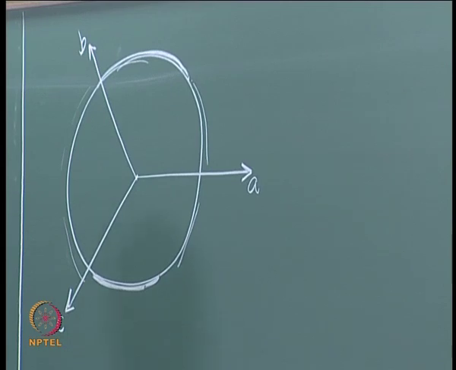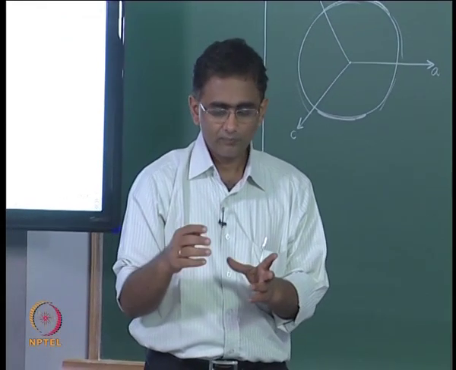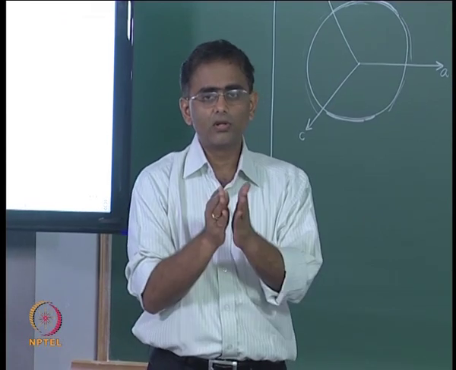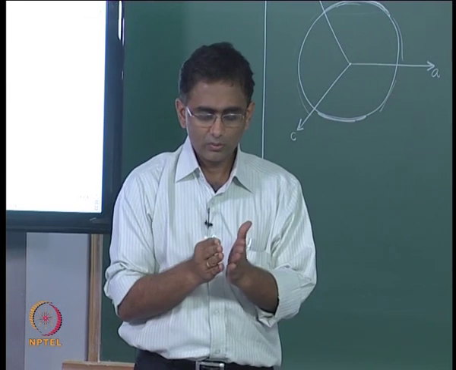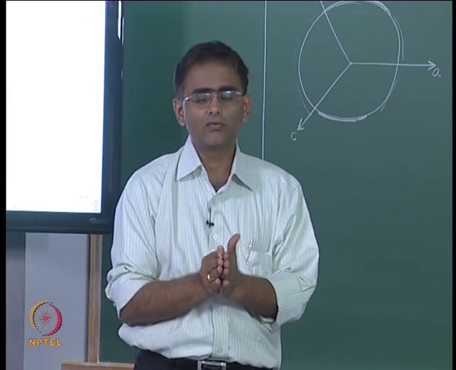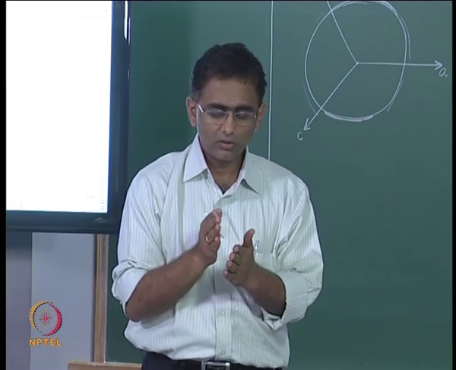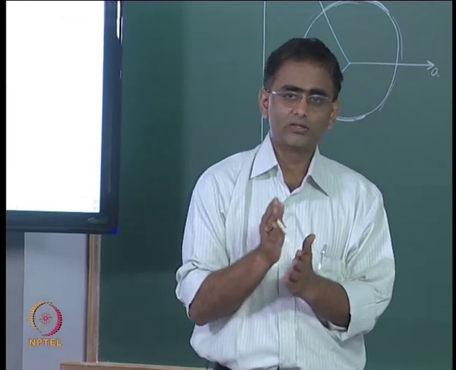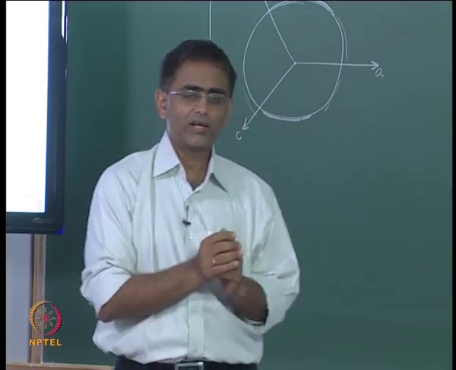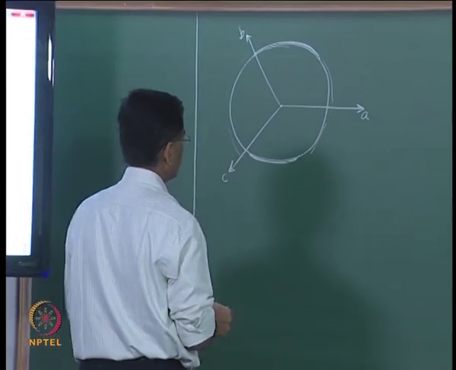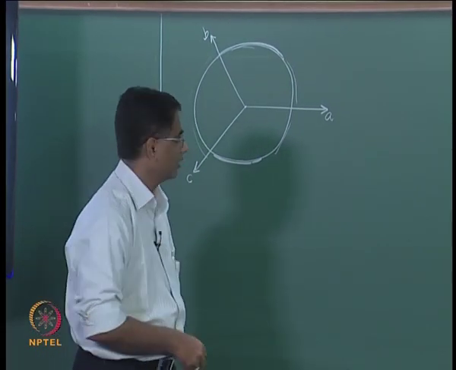The rotor, because it is associated with a field structure, will generate a north pole along some direction and a south pole along some other direction. So we associate an axis with the rotor to denote where the rotor is angularly located, and that axis we will associate with the north pole of the field that is there in the rotor.